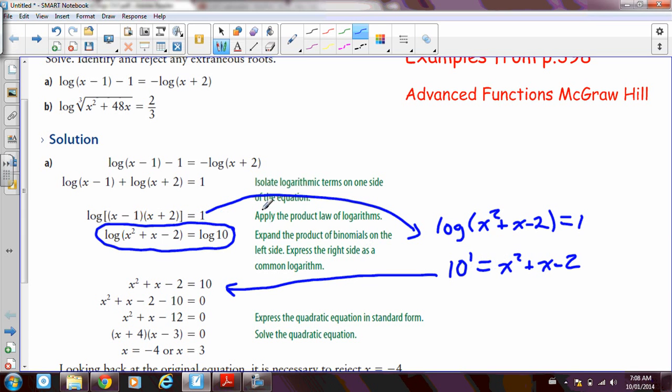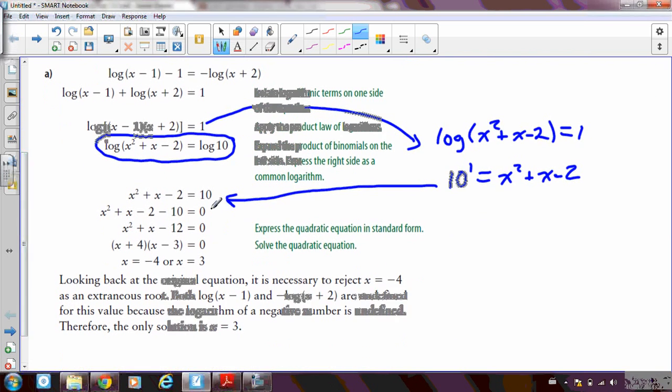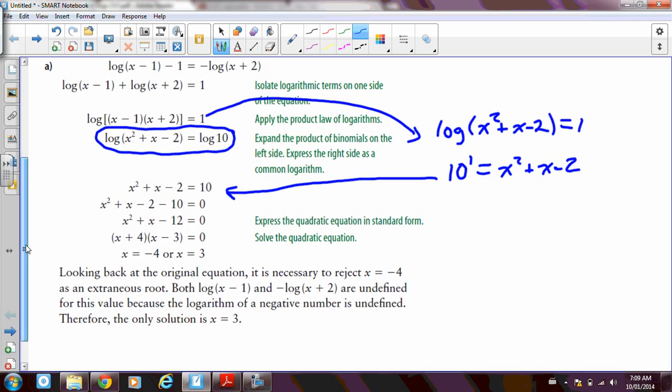So my suggestion is, if you're going to have less trouble by just rewriting it, do it that way. Obviously we end up at the same place anyways, and from there we can continue on and finish up. Everything here should be familiar. We've been doing that for quite a while.